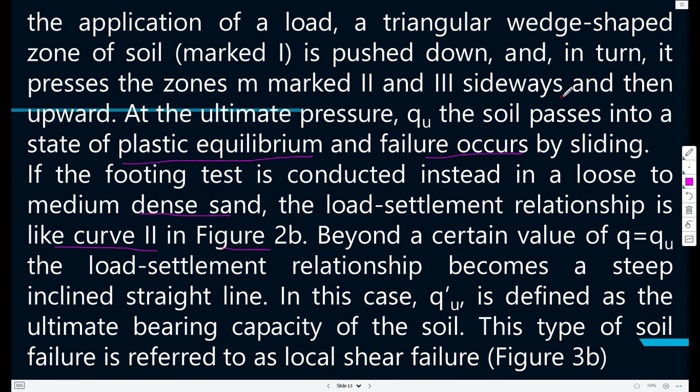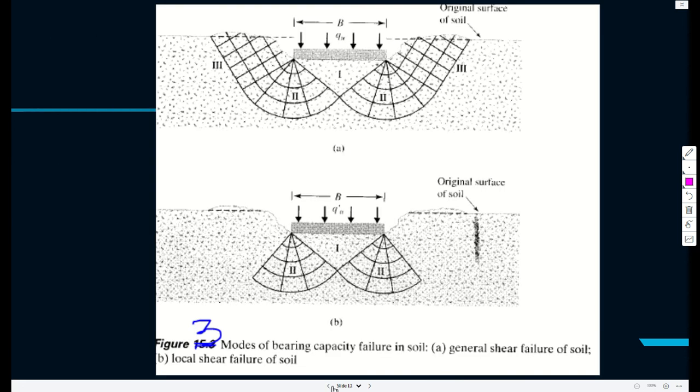Firstly, we described the generalized shear failure. Now we are describing the localized shear failure. Please note, the first is in stiff soil, and this is in loose to medium dense soil. That is what explains the differences in behavior.